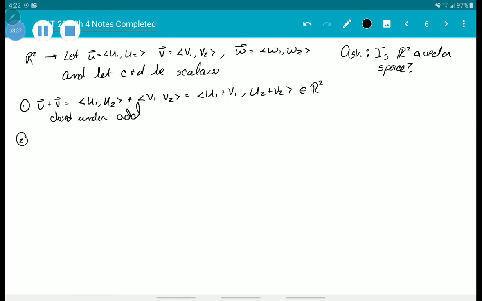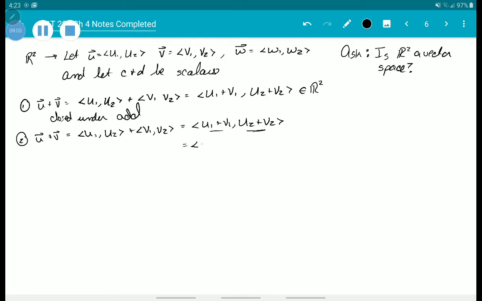The second axiom we need to check is commutative property. So if we take U plus V, we're going to get the vector U1 plus V1, U2 plus V2. Now we're talking about the properties of real numbers here and here for those components.